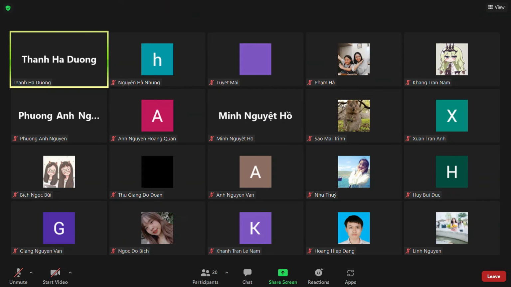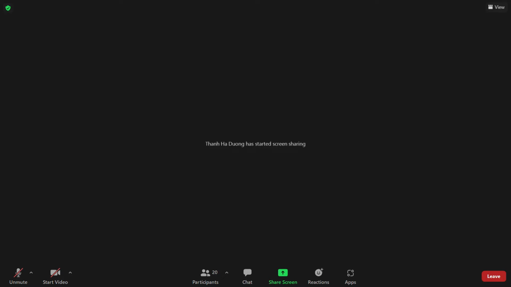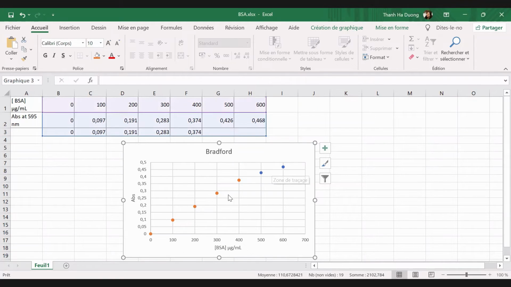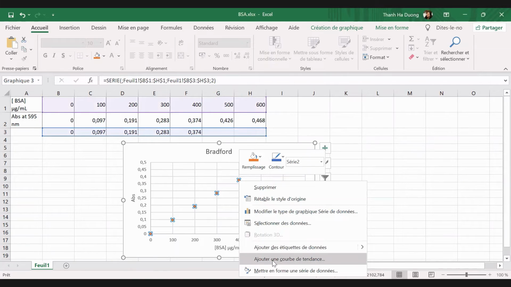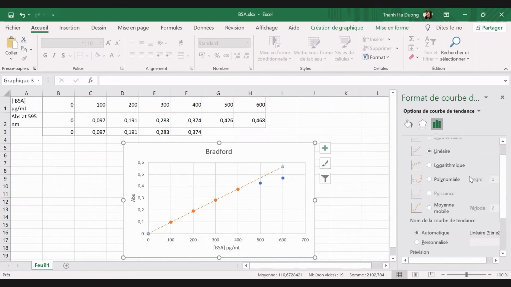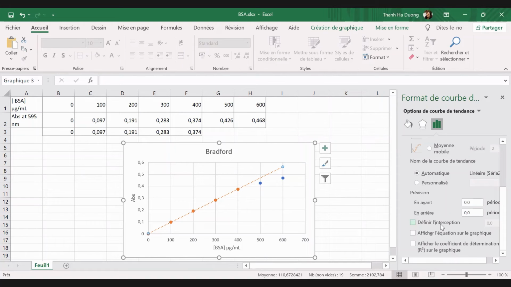Let's see. Can you see my Excel sheet? Yes, I can see it now. Okay, so I select the 5 points. I go to add a curve, it's in French. So it's linear, and I define the intercept to 0.